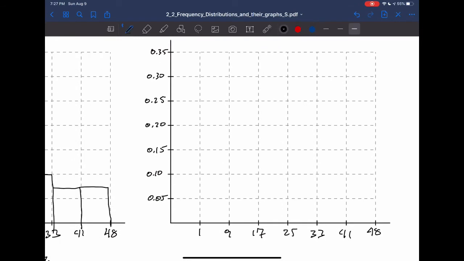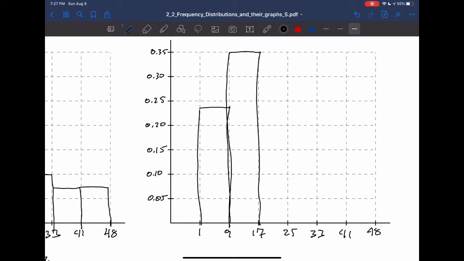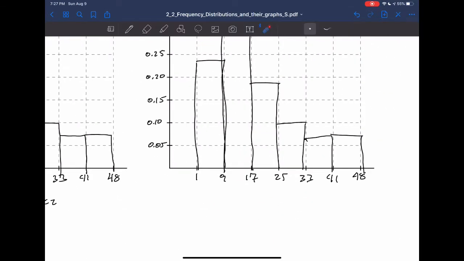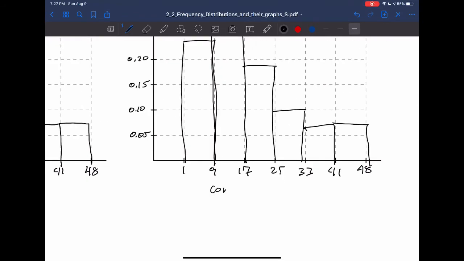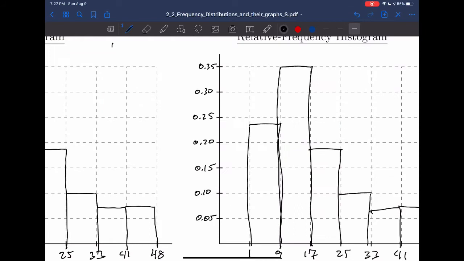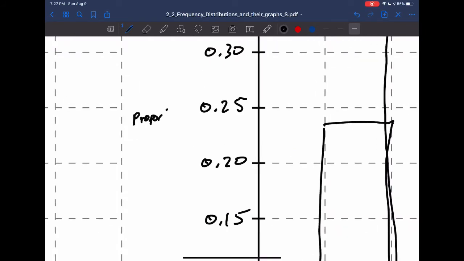Now, if you look at the table, the proportion of numbers between 1 and 9 is 0.233, and the proportion of numbers between 9 and 17 is 0.35, and you go along with the table. Again, we have to label our axes, so we could write commute distance and proportion of workers, since we're working with relative frequency.